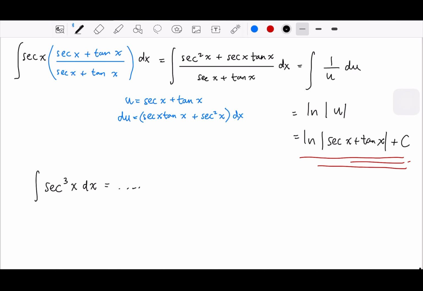Also take secant to the power of 4, power of 5, and you will see that at the end you will see some pattern for the secant. Well, secant x is the exception for the process, but when you increase the power, you will see more and more of a pattern.